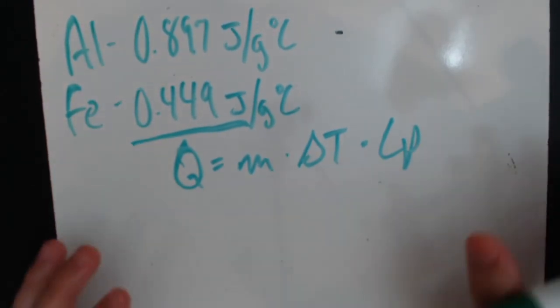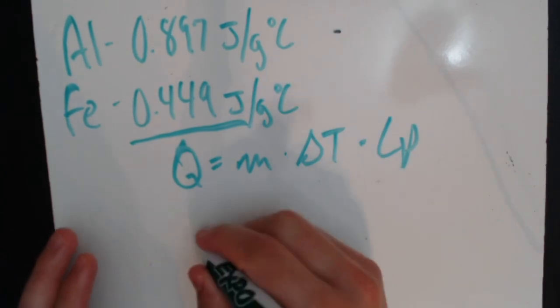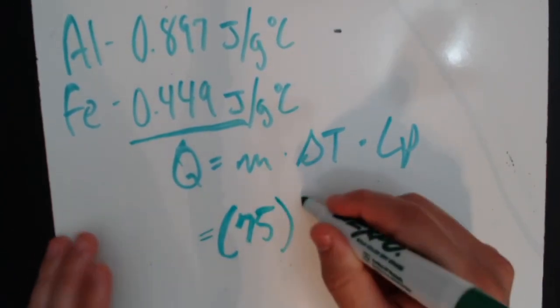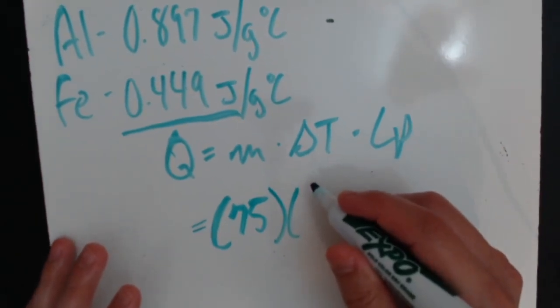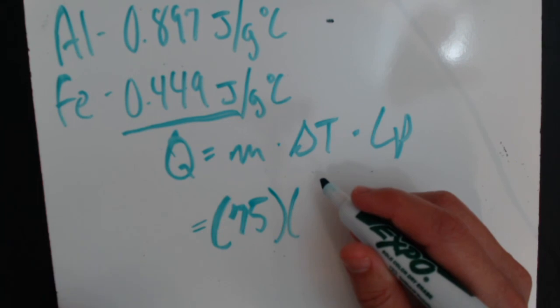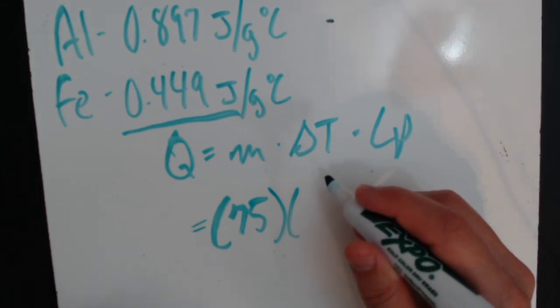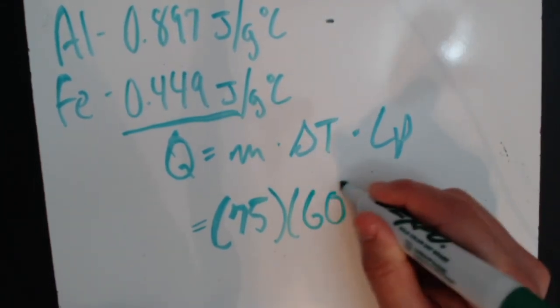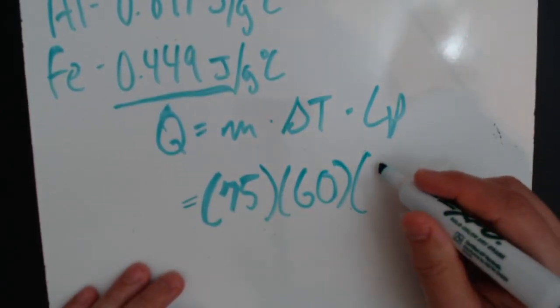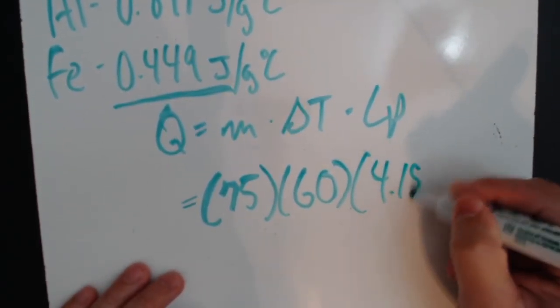All right. Well, we have all the information we need. We have the mass of water, 75 grams. We have the temperature change of water. Initial was 35, final was 95. So 95 minus 35, 60. So it went up 60 degrees. This time it's positive because it went up. And then the specific heat of water is 4.18.